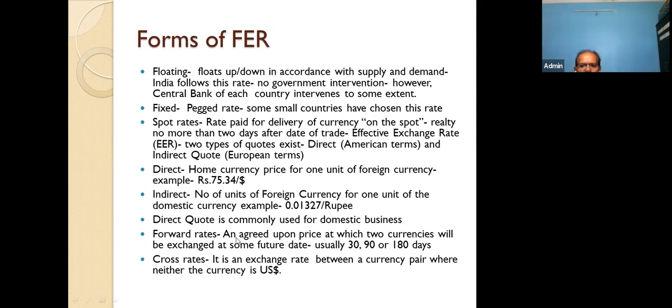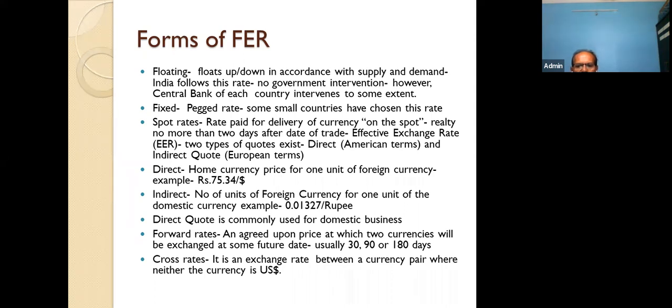Now let me read out. An agreed upon price at which two currencies will be exchanged at some future date. Now suppose India is having business with, say, Japan, maybe in the month of April. Today we are in the middle of February, and we are having a transaction in the month of April.